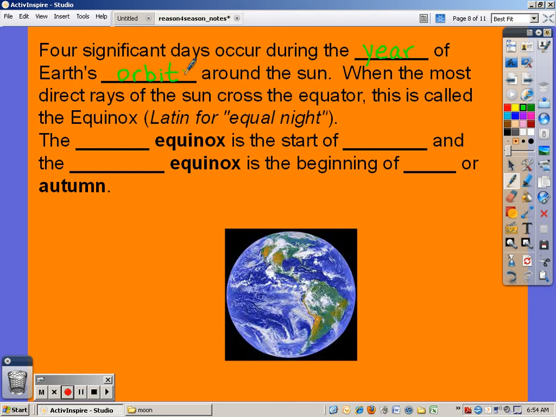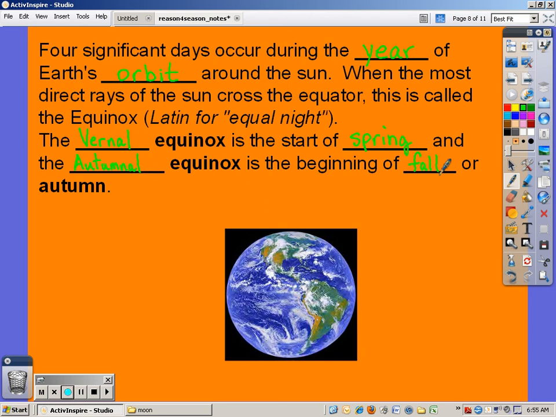Now, the equinox happens twice a year. There's a spring and a fall one. The vernal equinox is the start of spring. That occurs sometime in March. And the autumnal equinox is the beginning of fall or autumn.